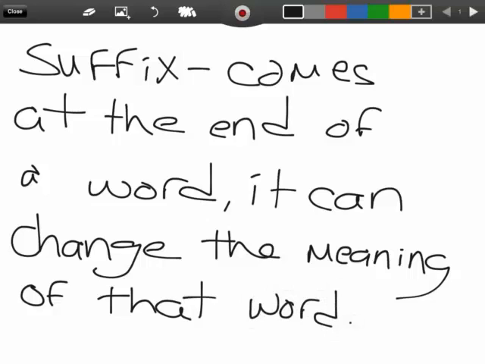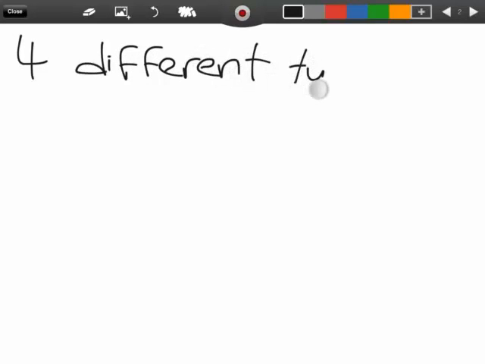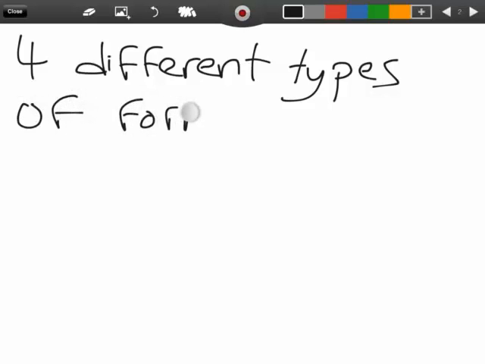Now, let's look at our suffixes. There are four different types of forming suffixes.